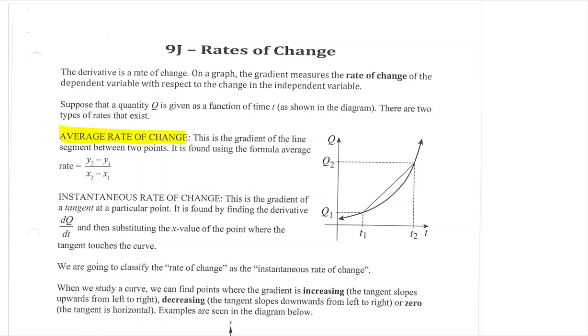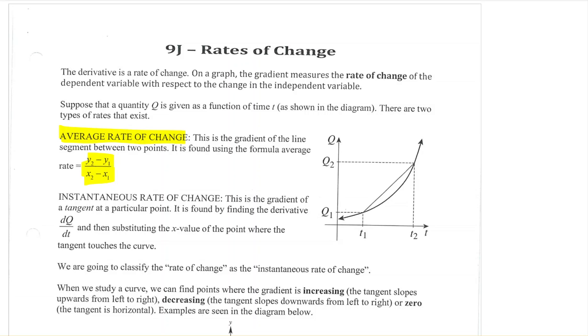So it might be the population of rabbits at time 1 grows to the population at time 20. What was the average rate of change? So you want to know those 2 points, and you want to find the gradient, because gradient is rate of change. And there is our good old-fashioned 2-point formula to find the gradient. Okay, that's all it is, gradient between 2 points.